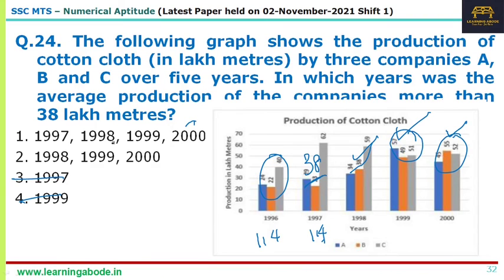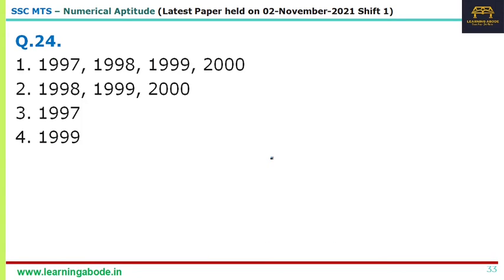Because of that, 97 is not part of our answer, because they're asking for more than 38. So answer option 2. It's very easy to narrow down the answer choice. You don't have to do any of the total for 98, 99, 2000. You have to do the total only for 97. And that determines our answer for question number 24, answer option 2.